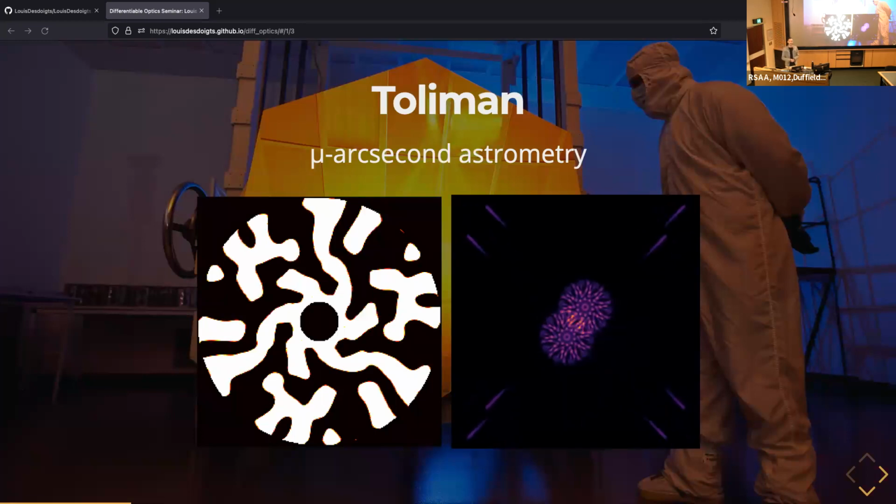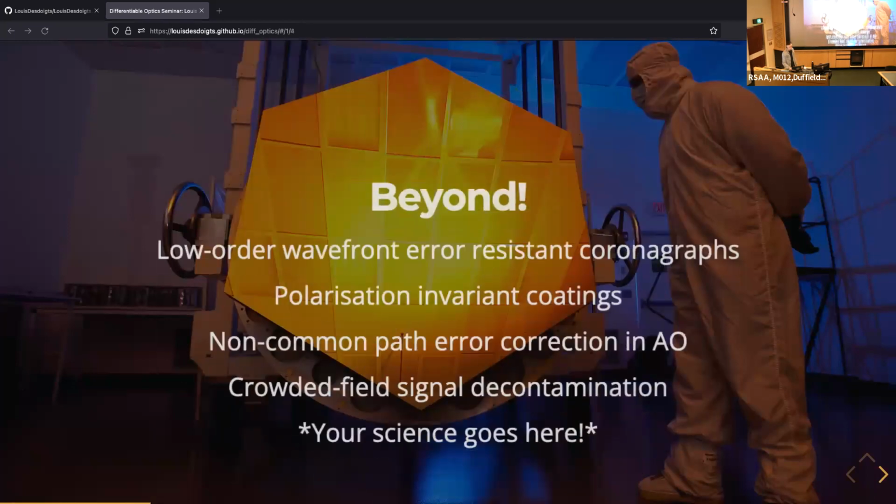So we need to be able to understand the state of our telescope really well in order to actually extract a signal of that size. There's a lot of cool design problems. On the left, we've got what's called a diffractive pupil that generates our point spread functions like those on the right. That's one of the design problems this has been geared towards, as well as trying to calibrate it.